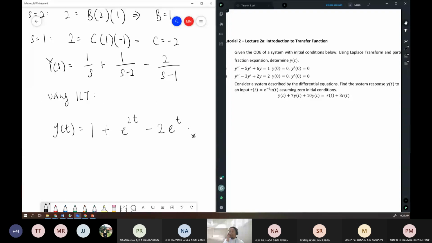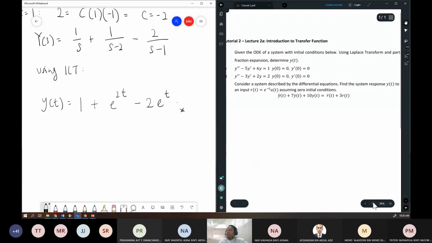Okay, any question? No, sir. Okay, so I hope you know how to do this using inverse Laplace transform and also partial fraction expansion. So now let's look at question number 2.